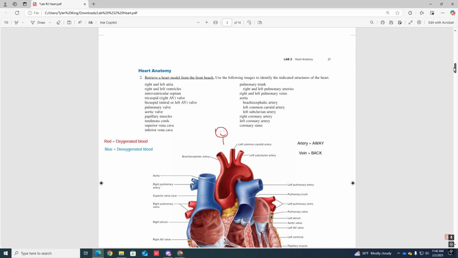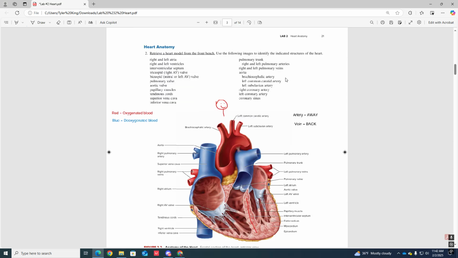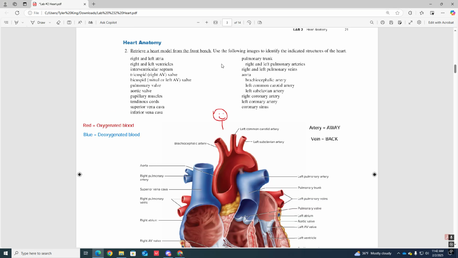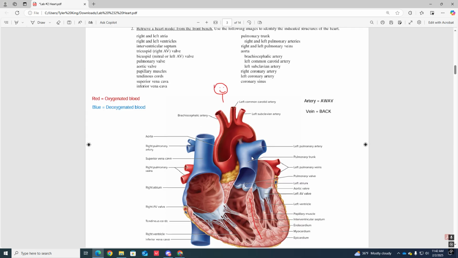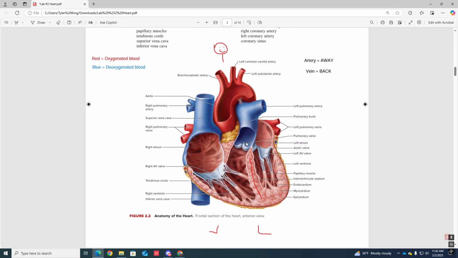All right, and now we have the pulmonary trunk here. Pulmonary trunk right here. This is just a colloquial term for a big vessel before it splits off into what we know as the right pulmonary artery and the left pulmonary artery.